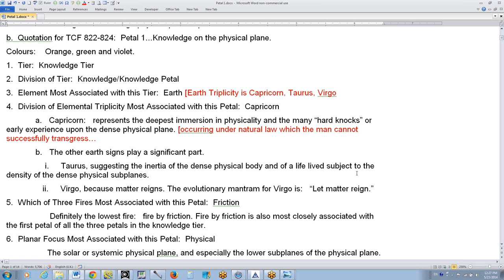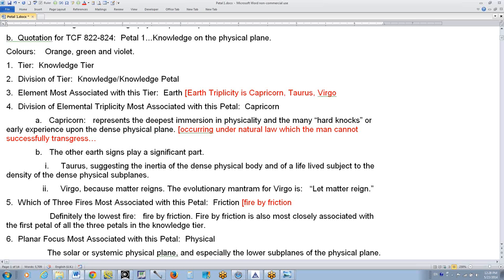Which of the 3 fires is most associated with this petal? The fire by friction. Obviously, that is the case with all the outer petals. It's definitely the lowest fire, fire by friction. Fire by friction is also the most closely associated with the first petal of all the 3 petals in the knowledge tier.